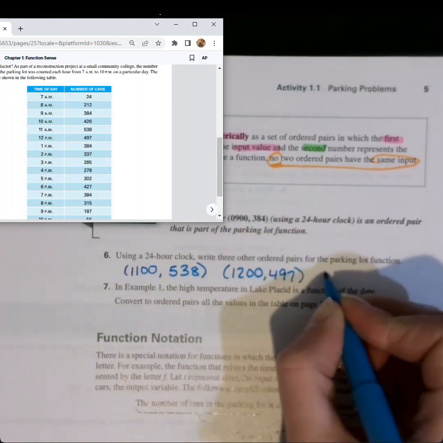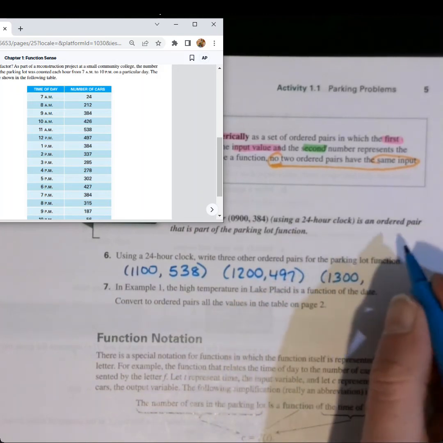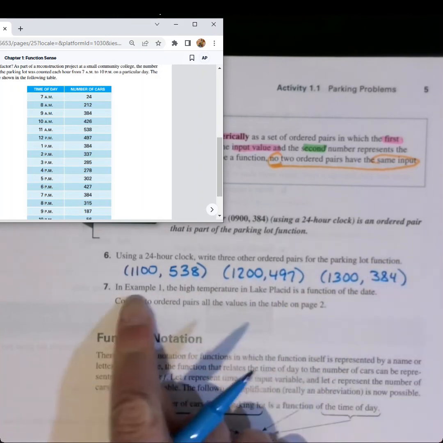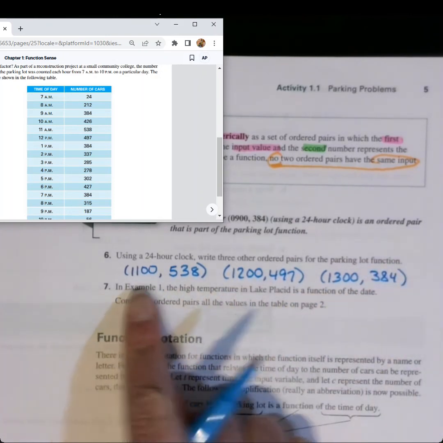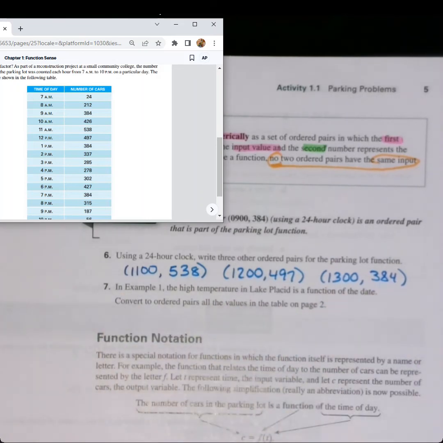And then 1 p.m. is going to be 1300, so 1300, comma 384. So I started at 11, 12, 1, or 1100, 1200, 1300, just so we could see how that was going to continue counting up after 1 p.m. We have 1300, 1400, 1500, all the way until we get to 2300 at 11 o'clock p.m.